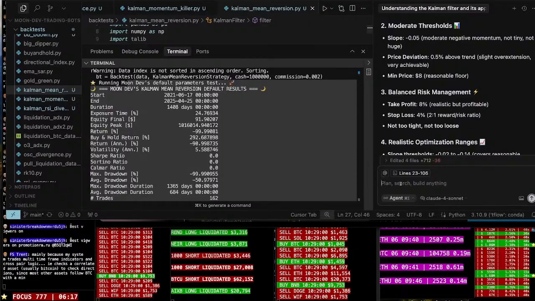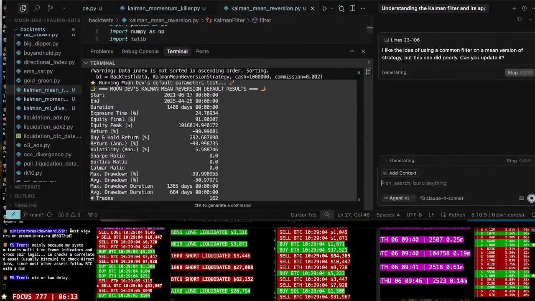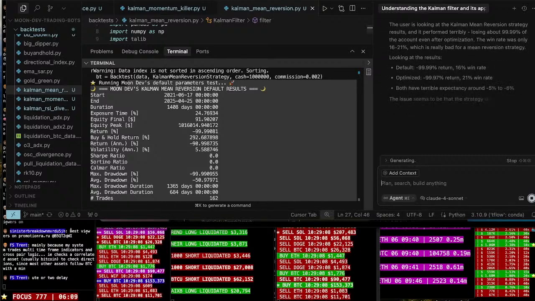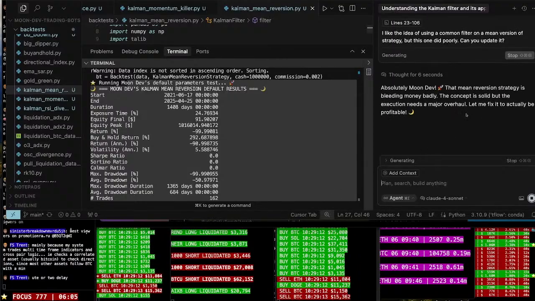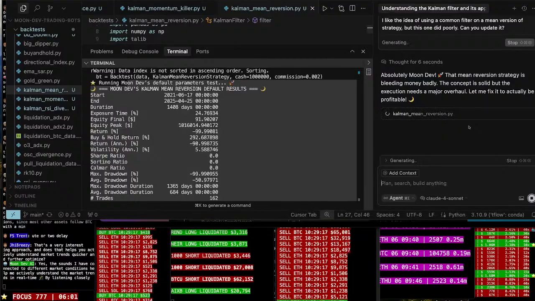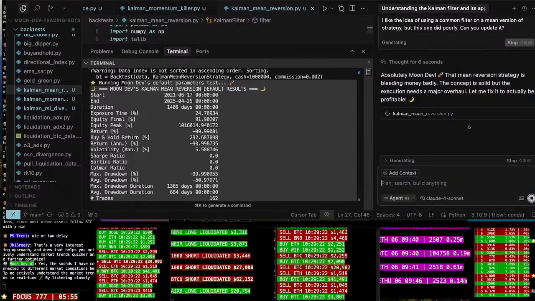Can you update it? Absolutely, Moon. That mean reversion strategy is bleeding money badly. The concept is solid, but the execution needs a major overhaul.